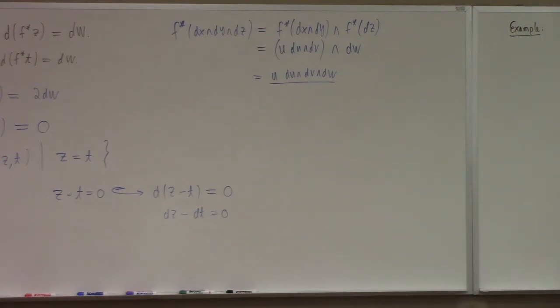This would be a 2 form, all right, a 2 form on R3 with the origin removed. Okay?